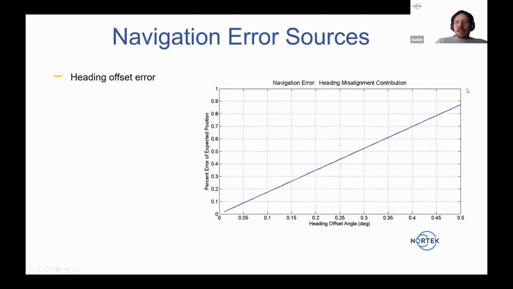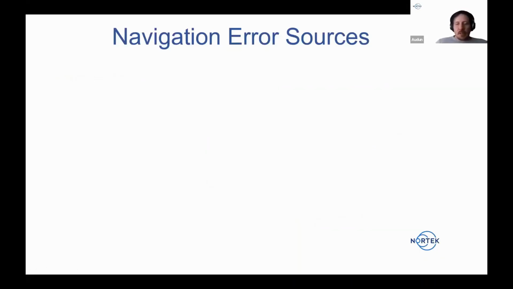So if you really want to get navigation down to 0.1%, you're really looking at controlling your heading to better than, I don't know, a few hundredths of a degree, down in this area here. Mm. Other main contributor, like we talked about, was the speed of sound.